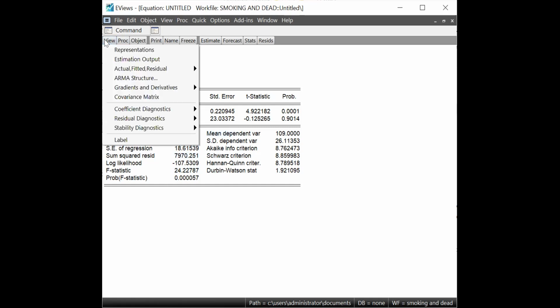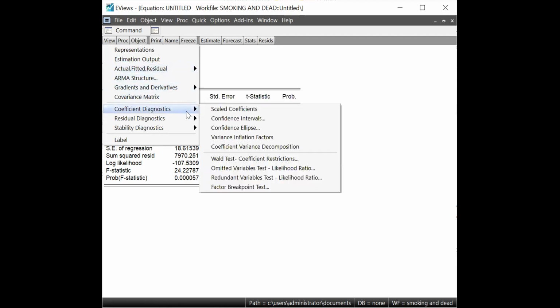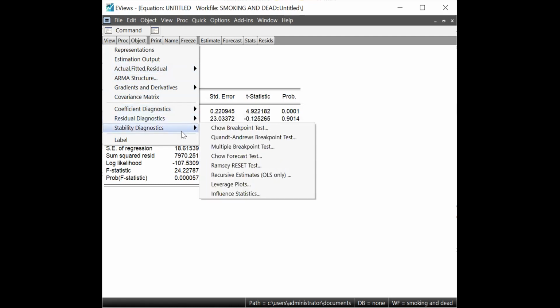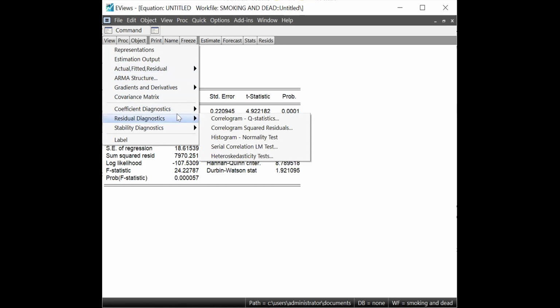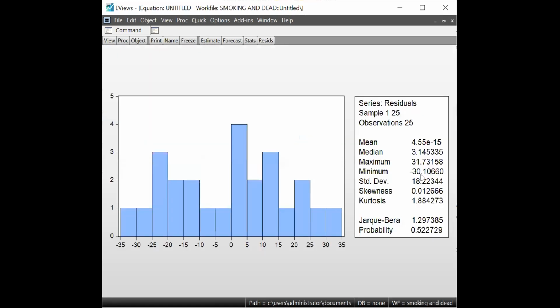Okay, if you click here in the view, residual tests are used to calculate, for example, the normality test. This one, normality. Okay, we have Jarque-Bera 1.297 something.